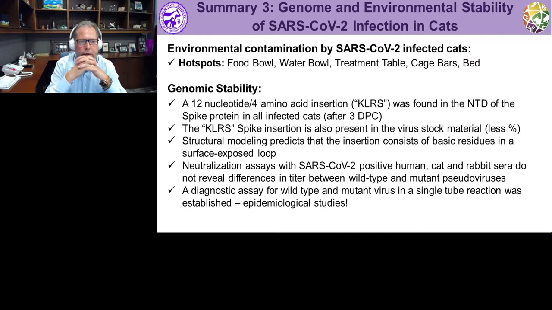We have shown that the environmental contamination by SARS-CoV-2 infected cats is mainly in the food and water bowls, the treatment table, cage bars, and the bed.